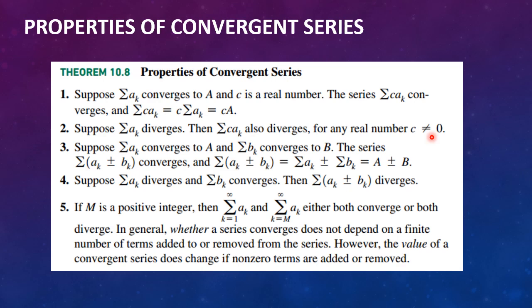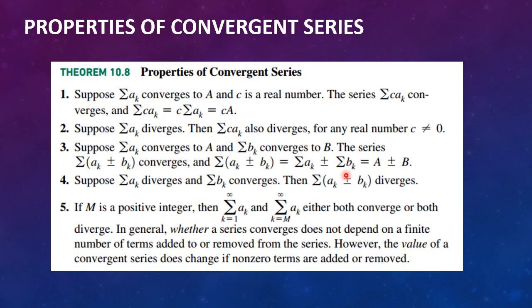If we're looking at two different infinite series and one of them converges to A and one of them converges to B, then the infinite series of their sum or their difference, it's again just like a derivative. Then we simply can add or subtract the convergences of each one. So if it's the infinite series A plus the infinite series B, we add their values.